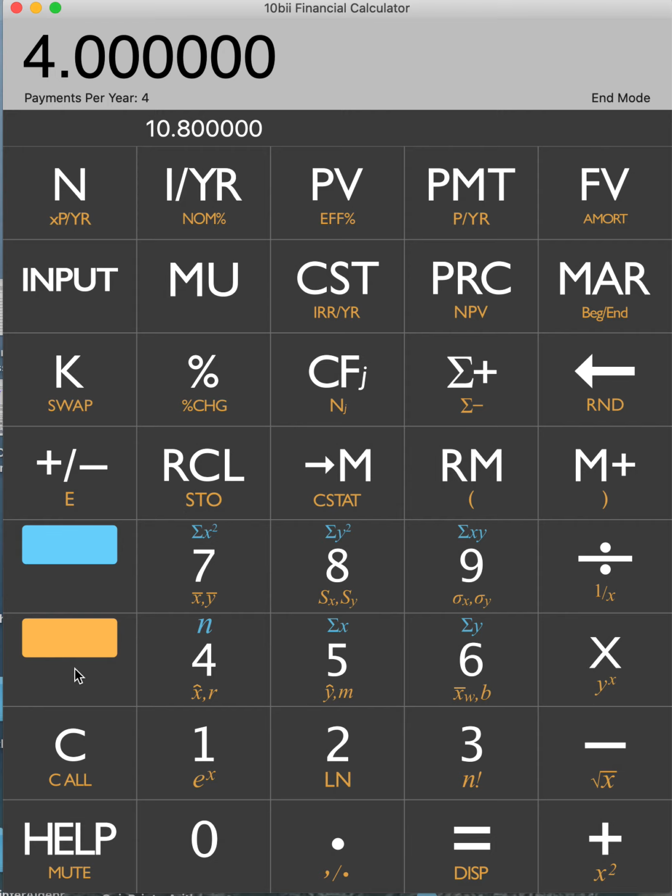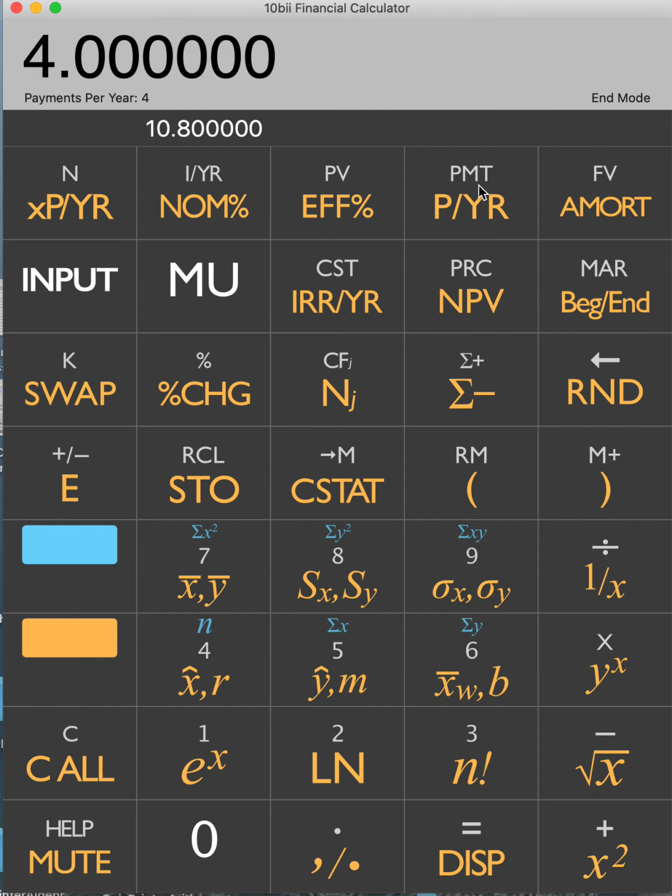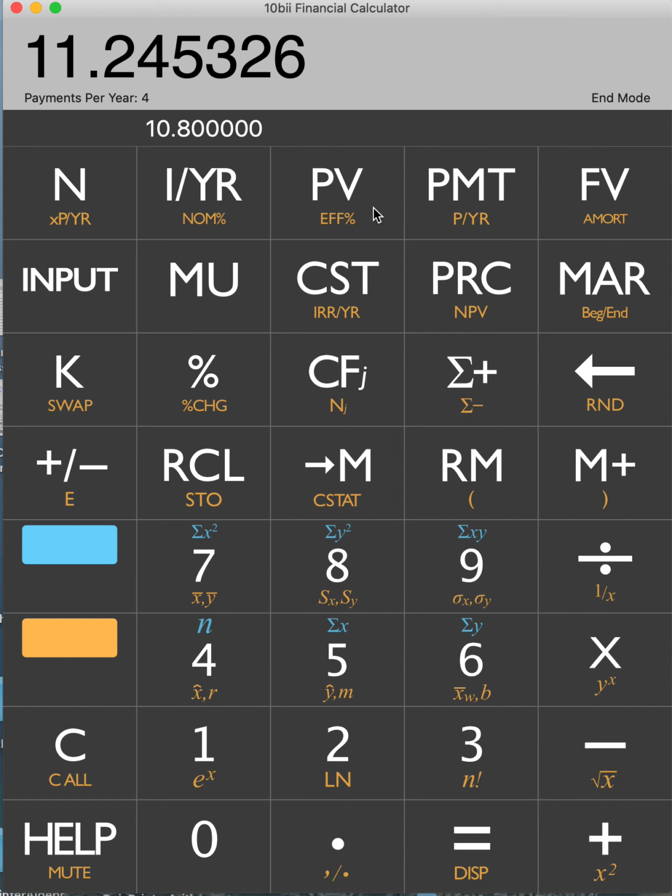And what's the new effective rate? 11.245326. Slightly different than the one above, a bit lower than it. Okay, now the ones in red here. Let's clear all here.